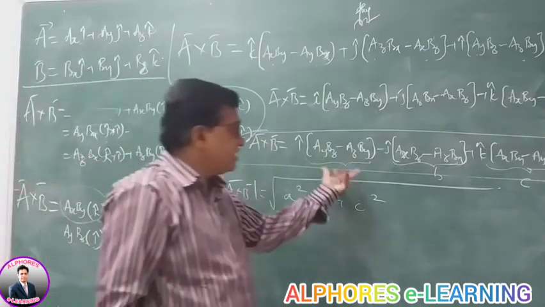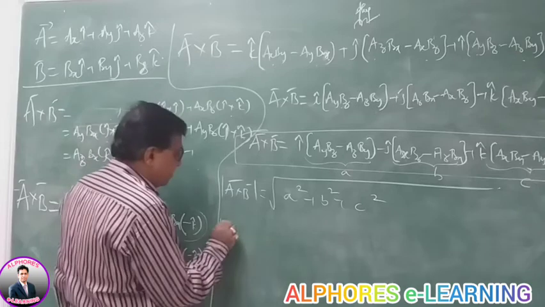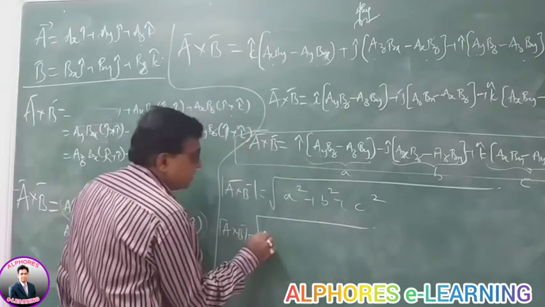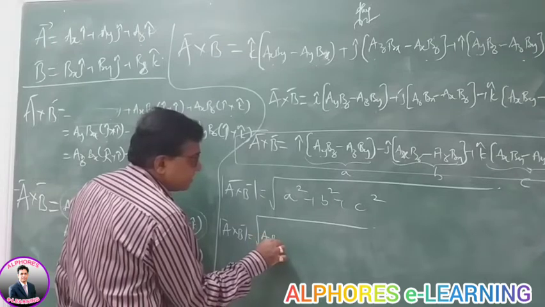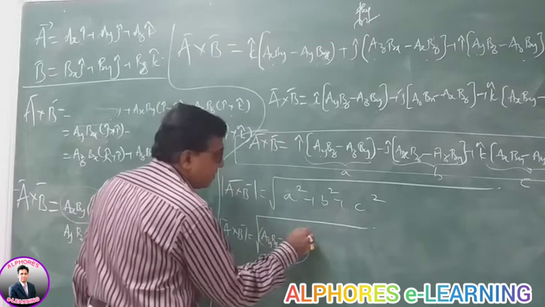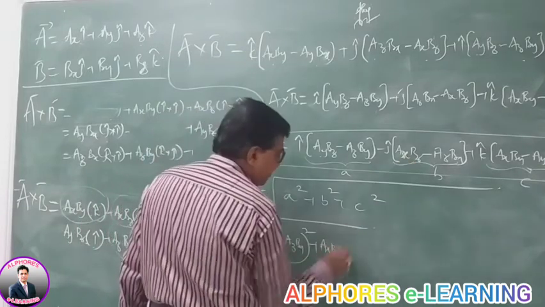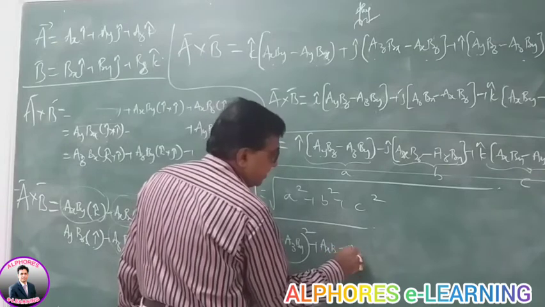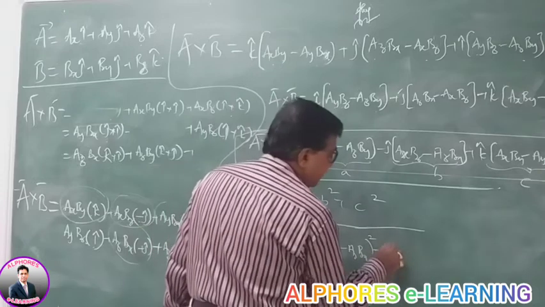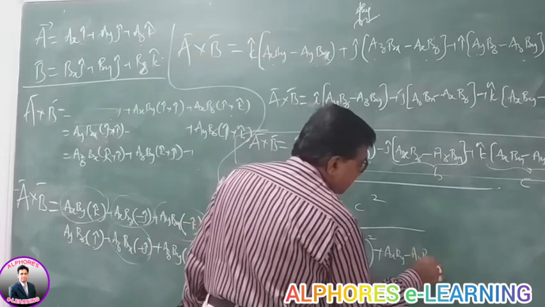Imagining these as a, b, c, on substitution you get a cross b equal to the root of ay bz minus az by whole square, plus ax bz minus az bx whole square, plus ax by minus ay bx whole square.